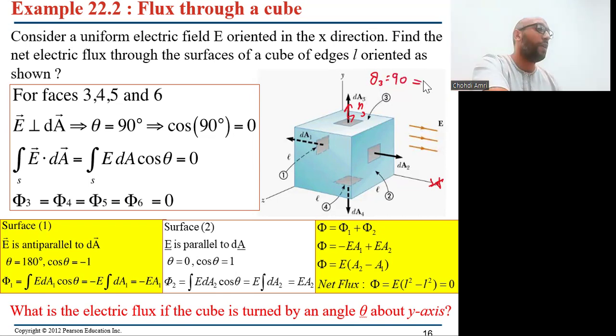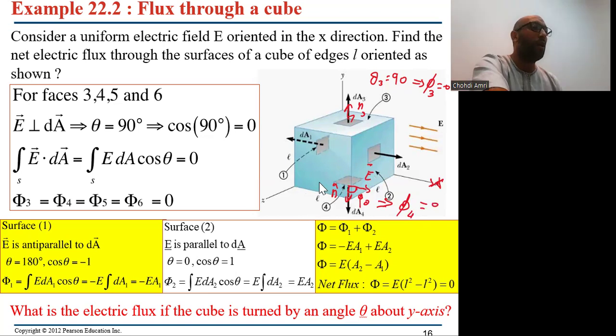That means the electric flux phi 3 is, of course, 0. Why? Because cosine 90 is 0. Let's talk about phi 4. The electric field is in the x direction. The normal vector is downward. The angle between them is 90 or negative 90 degrees. So phi 4 is also 0.